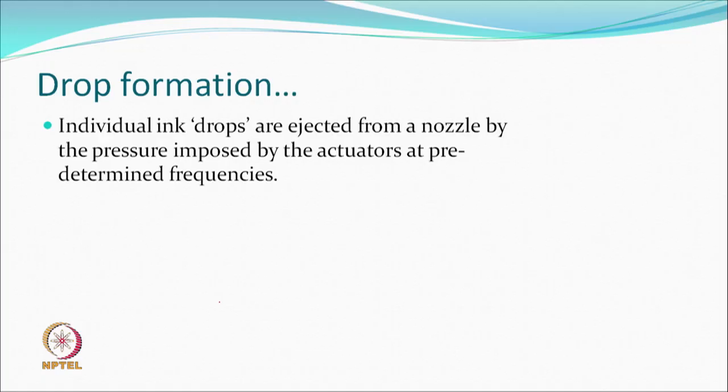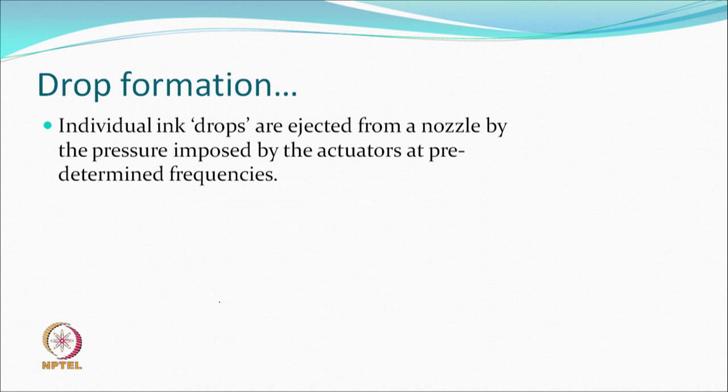Let us look at how the drop is formed. There is an actuator, which may be piezo based or any other actuator, such as thermal actuation, which puts a bit of a force onto the system so that the drop is thrown out. Individual ink drops are ejected from the nozzle when you apply a pressure, and the pressure is applied by various actuators at frequencies which are predetermined.